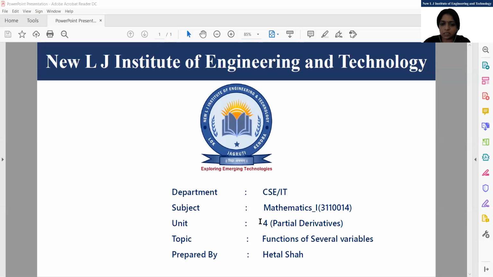Our unit name, as per the GTU syllabus, is Unit 4, partial derivatives, and the topic name is function of several variables, right? So let's start with the first topic, the function of several variables.